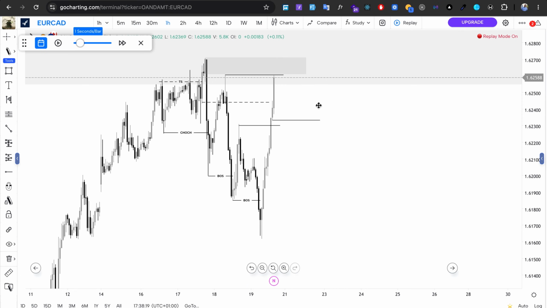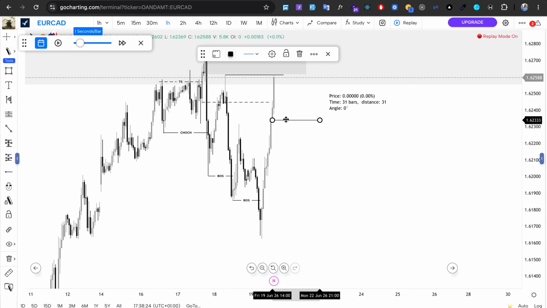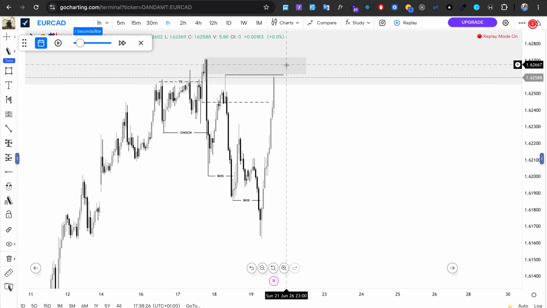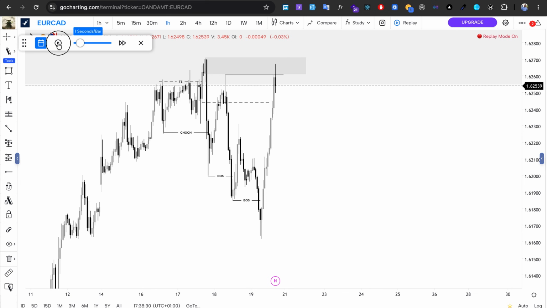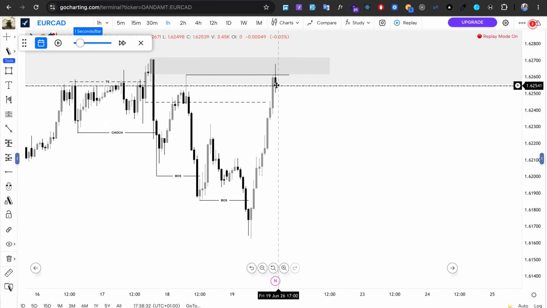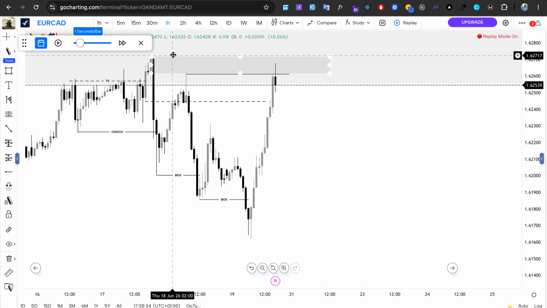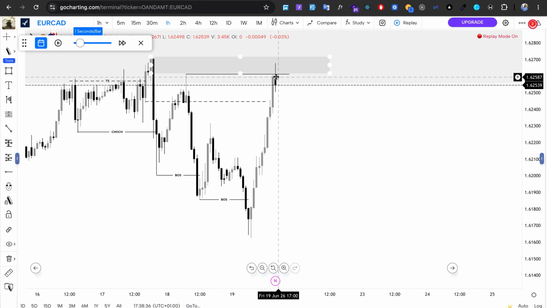So as I saw this, you see, now price came to this place, it gave this like a turtle soup, but for this kind of trade setup, I will not even wait for confirmation again.